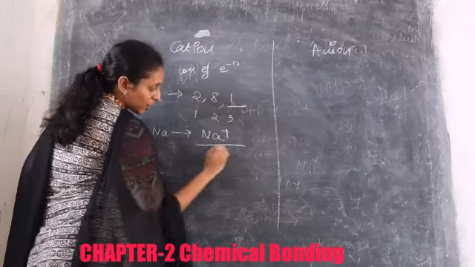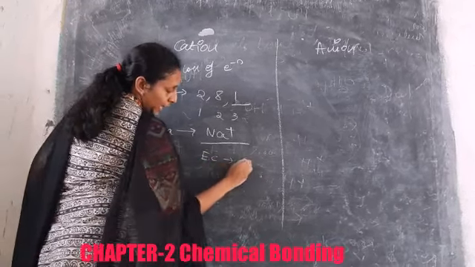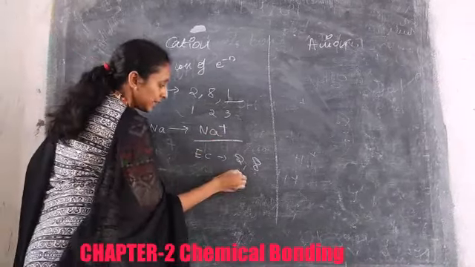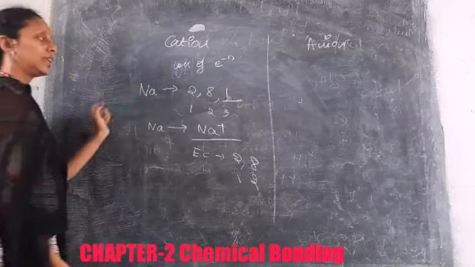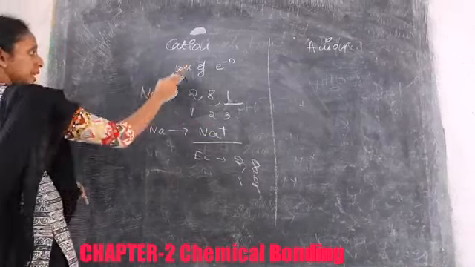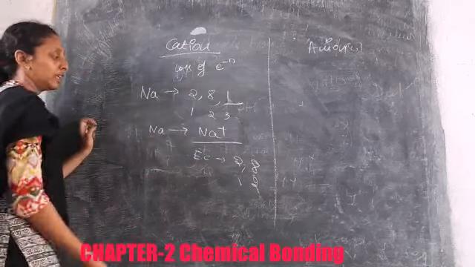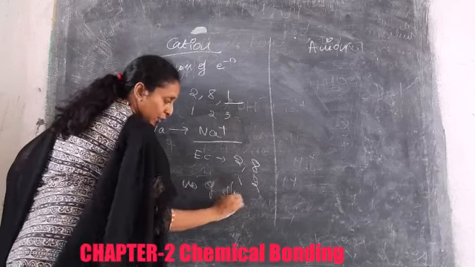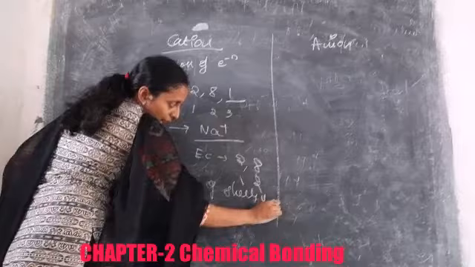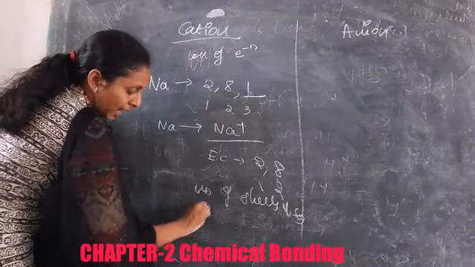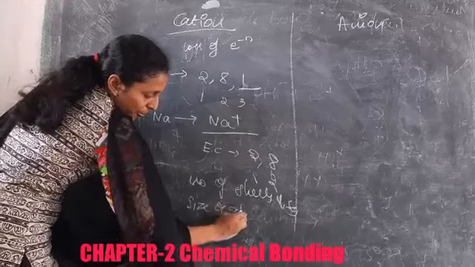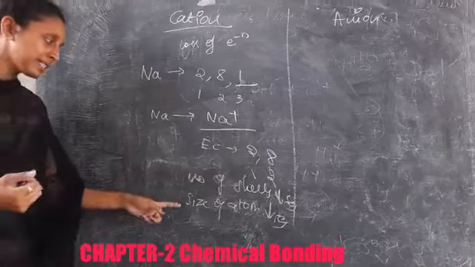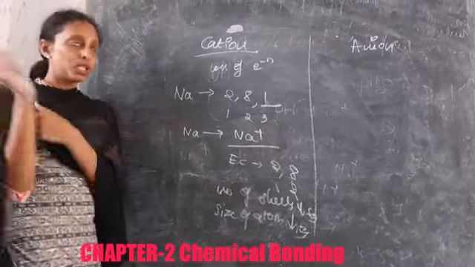The electronic configuration of Na plus will be 2 8, which is a very stable electronic configuration. Here there is 1 shell and 2 shell, so there is no third shell. So if there is loss of electrons and it becomes a cation, the number of shells decreases, and the size of the atom also decreases.